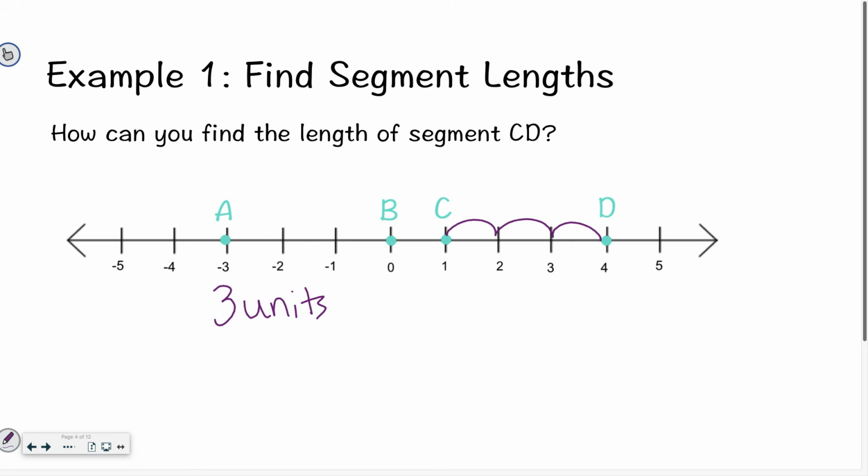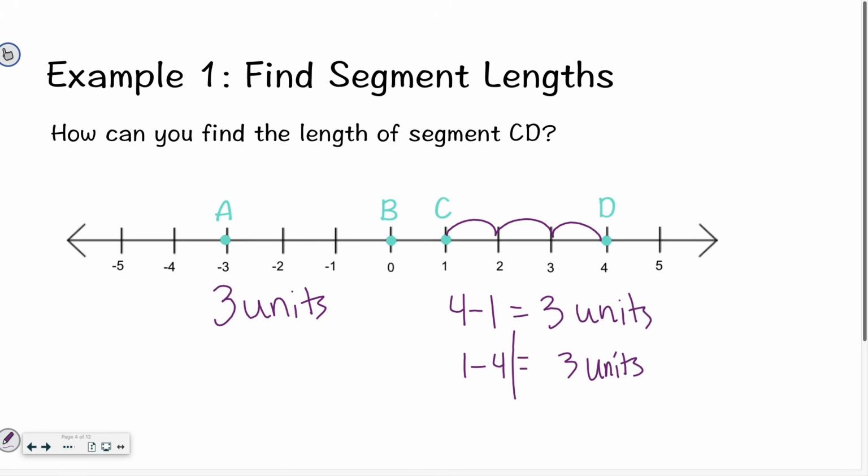Or if they were super far apart and you didn't want to count each one, you can say 4 minus 1, okay, that's 3 units. Or you can do 1 minus 4, well, that's negative 3 units. But since we can't have negative distance, we make it positive.